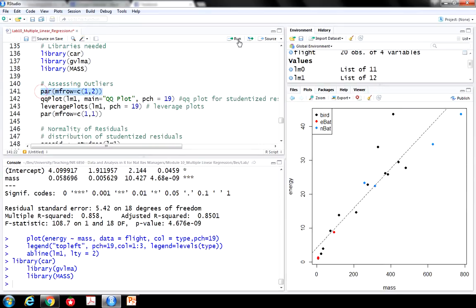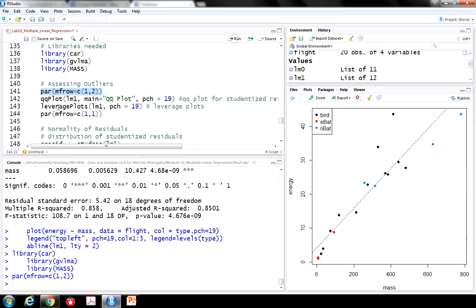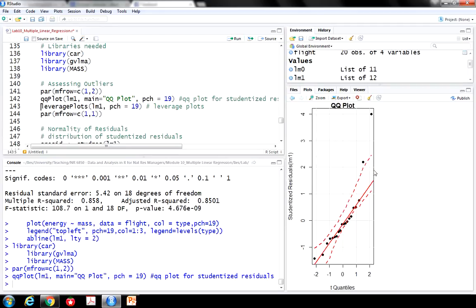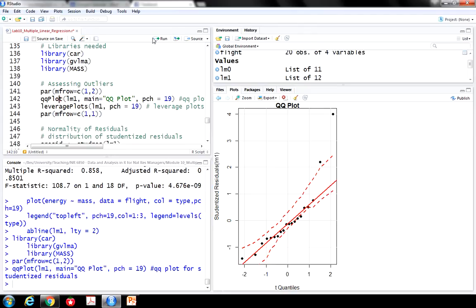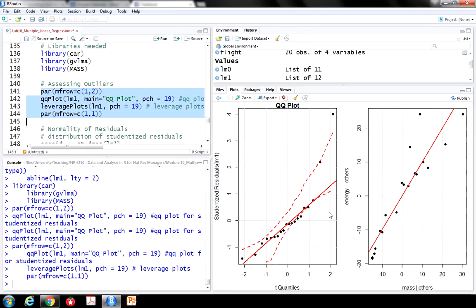So I'm going to split the plotting window in 2. Let's take a look at the QQ plot for the studentized residuals. What I would like to see from this QQ plot is that the observations tend to fall along this 1-to-1 line. I can see there actually are some significant departures up here.